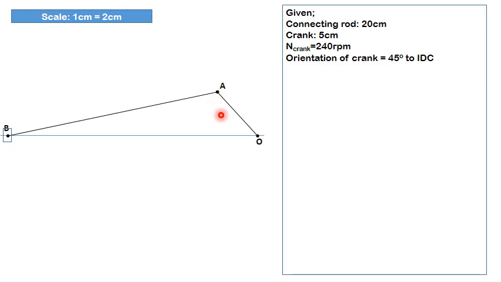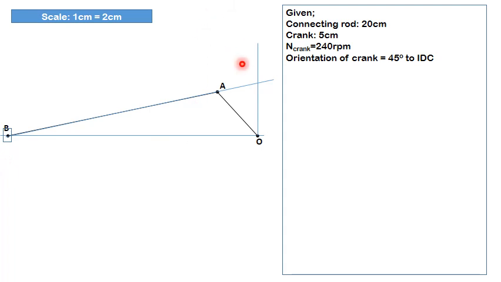So now using this, I need to draw a velocity polygon. To draw the velocity polygon, there are two steps. First one is draw a line perpendicular to OB, and then extend the line AB till it intersects with the line drawn perpendicular to OB. So that's what I have done.